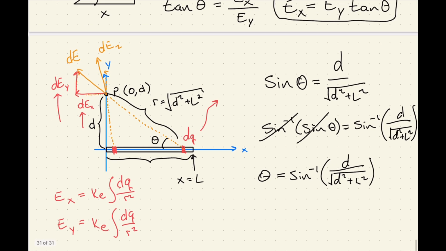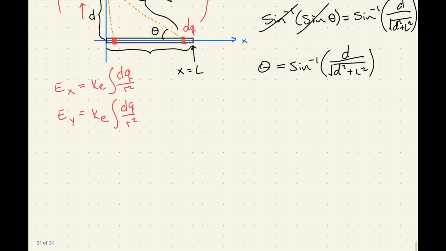Now, if you take a look at this, what we have here is one triangle drawn like that. That is the triangle of our setup. And over here, I've drawn the electric field vector coming out and following this hypotenuse line. This is E total. This is the component of the electric field created by this portion of the wire.